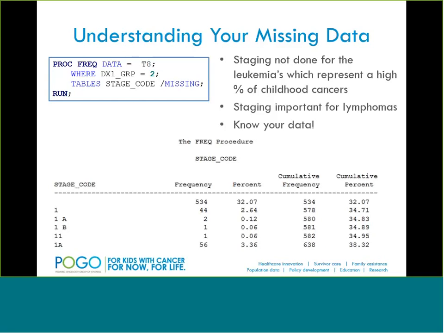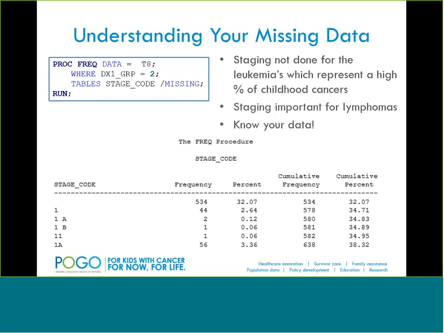When cleaning, we need to look at how the missing data is distributed. Is it missing at random, or is it missing based on a variable? So it's really essential that we understand our data. In this example, the initial frequency output told me that 7,500 observations were missing, which is about 70% of my data. But these are not truly missing because staging isn't done for leukemias and the other pediatric cancers, which represent the majority of childhood cancer.